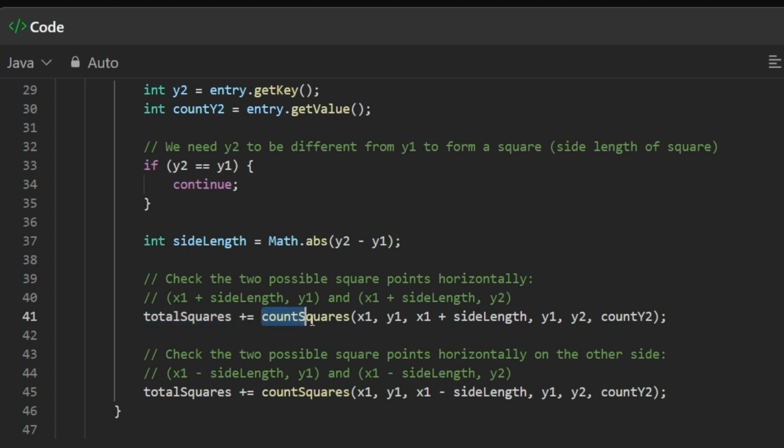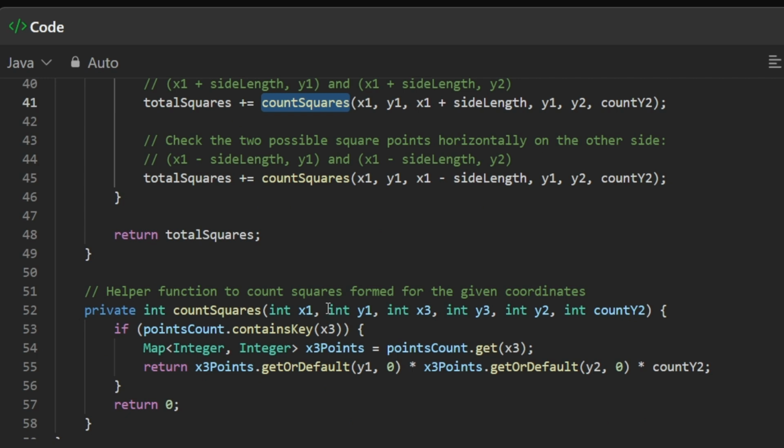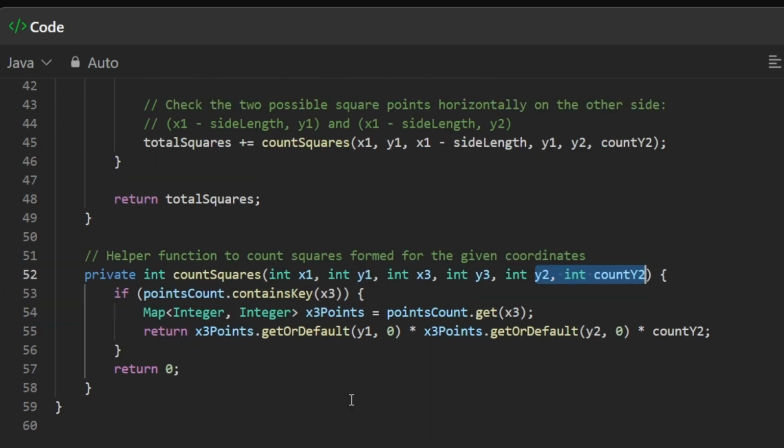And for that we are using a helper method called count squares, where we are taking in x1 and y1 coordinates. We are also taking in x3 and y3 coordinates that we are trying to build, and we have the y2 and the count of y2, so the frequency of that coordinate. After having all of these values in the helper method, we simply check whether we have the x3 coordinate that we were talking about and its subsequent y1 value.